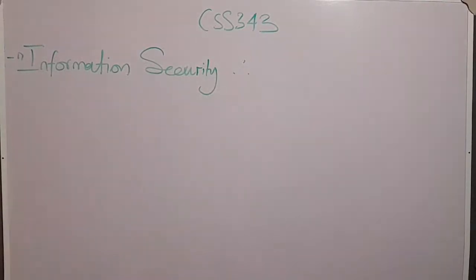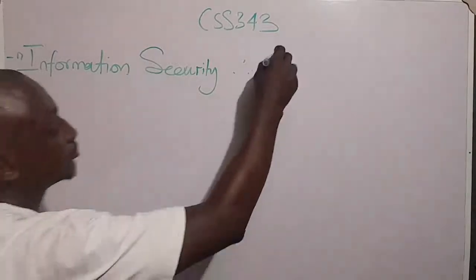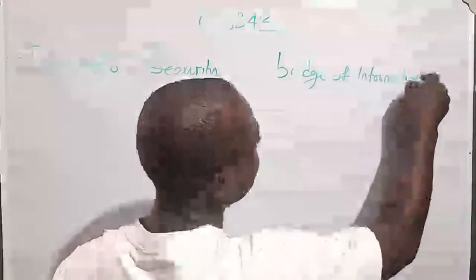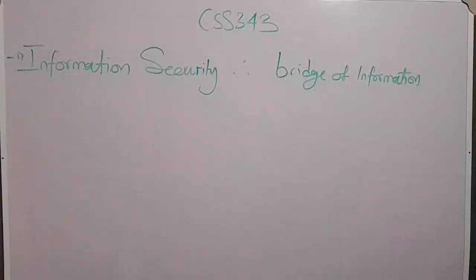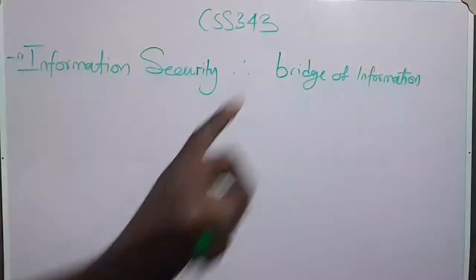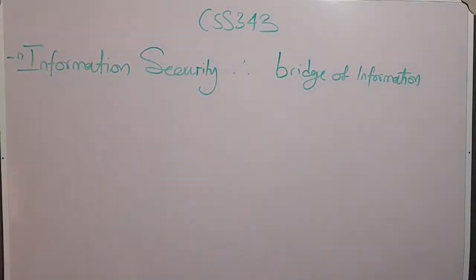Now, have you ever heard of the word breach of integrity? When we say breach of information, we are simply talking about certain information that is restricted from a third party escaping into the hands of a third party.